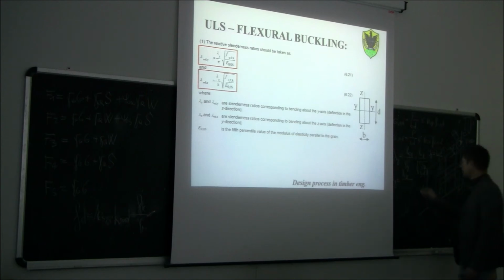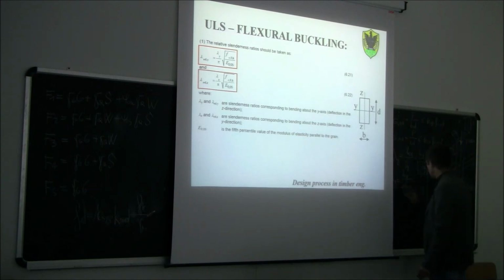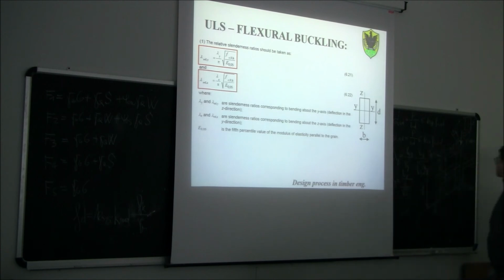So in the end it is D divided by the square root of 12, the radius of gyration of the member. Okay?